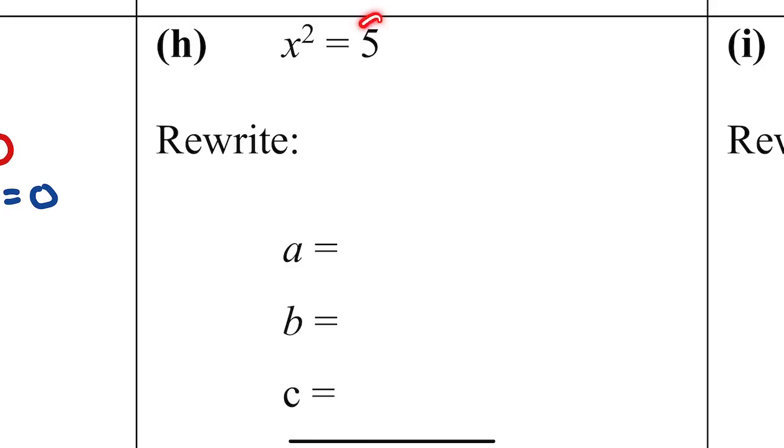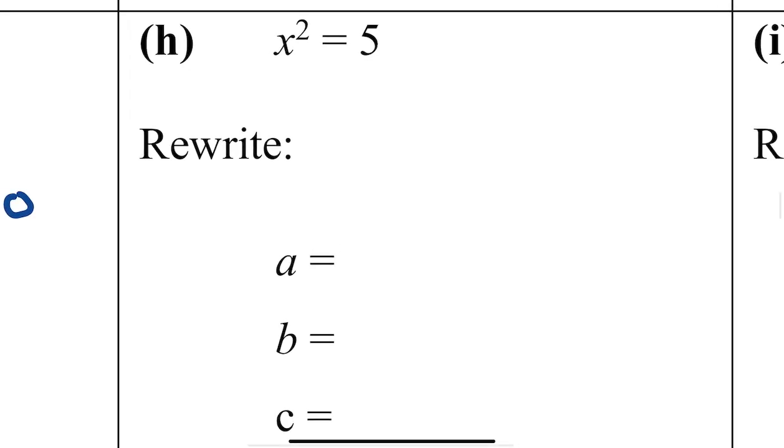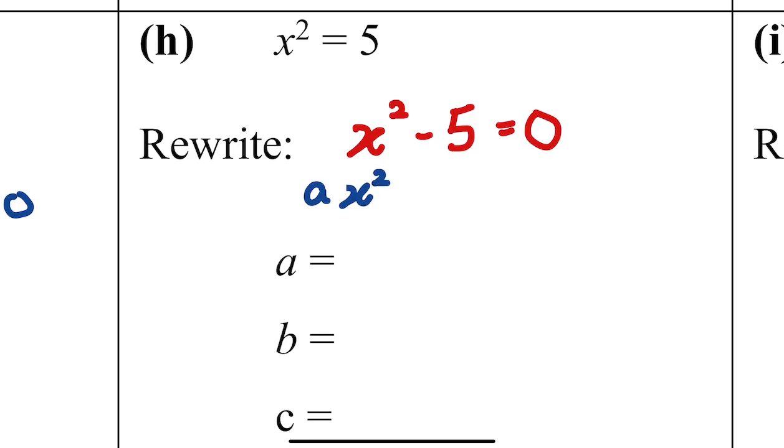Over here, I have a 5. In order to get rid of the 5, I must subtract 5 from both sides of the equation. So if I rewrite this, I will get x squared minus 5 equals to 0. Comparing with ax squared plus bx plus c, note very carefully, your a is your coefficient of x squared, your b is your coefficient of x, and c is your constant term.